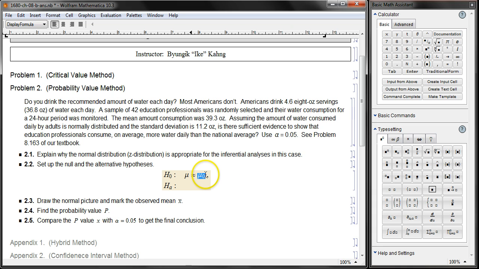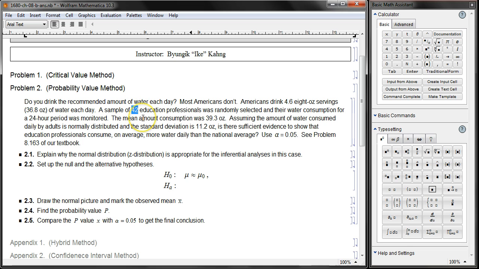Now, what is a candidate for this mu0? We have a number of water consumption values here. 4.68 ounce servings, which corresponds to 36.8 ounce, and that's one. And 39.3 ounce, that's number two. And 11.2, there's another. I don't think there's anybody who would get confused with 42 here.